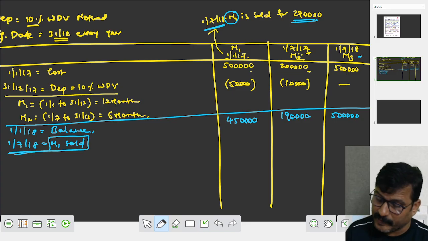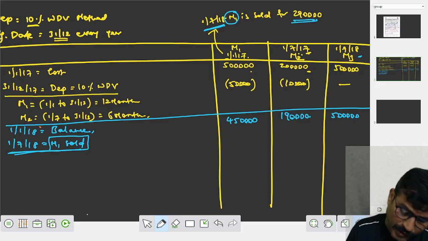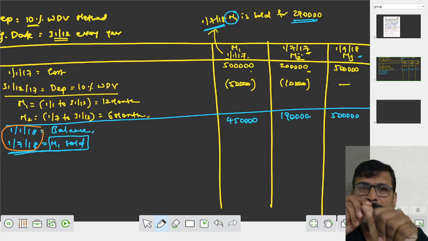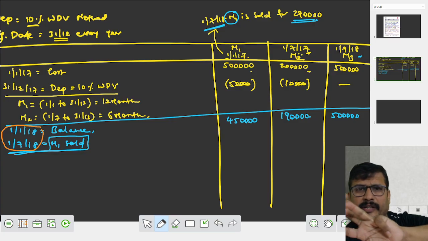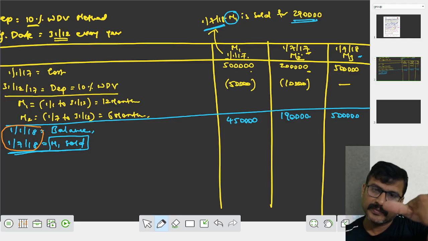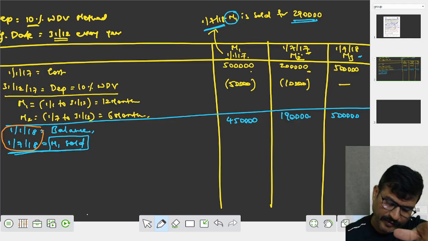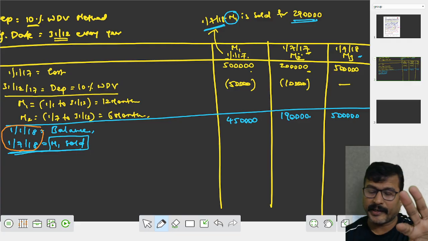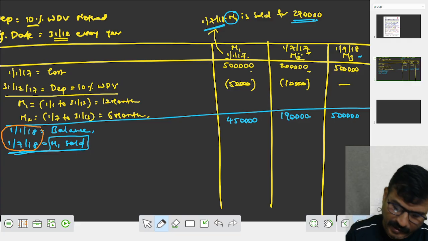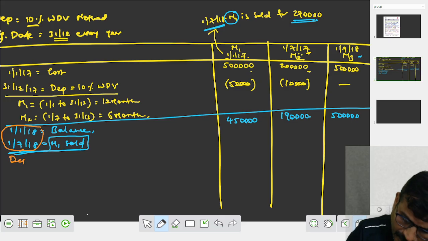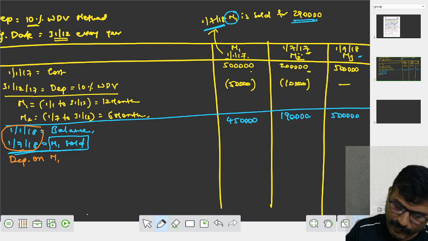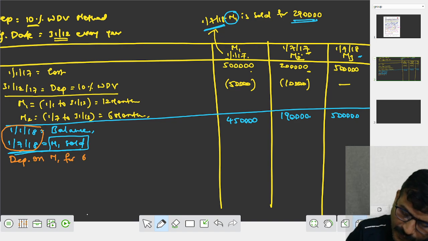Please, my dear children, identify the time gap between these two. We have to take January, February, March, April, May and June. Since it is sold on July 1st, we have to take depreciation only up to June. Now we have to write depreciation on M1 for 6 months.